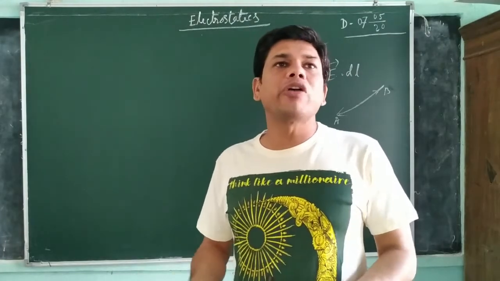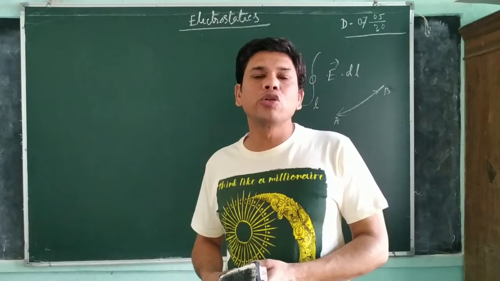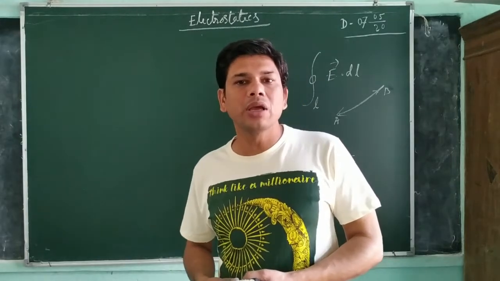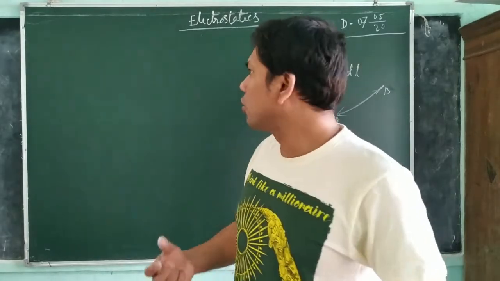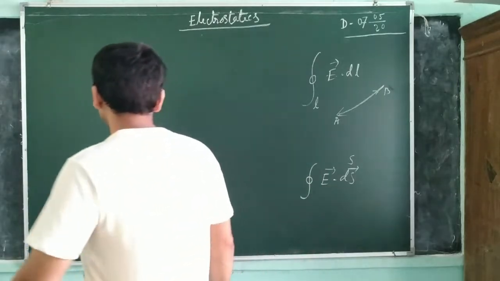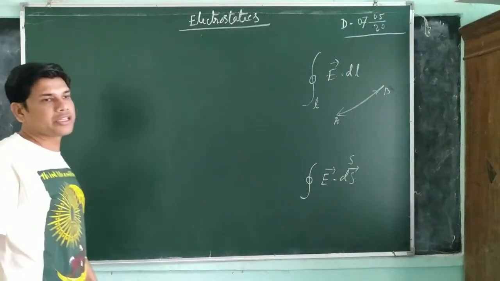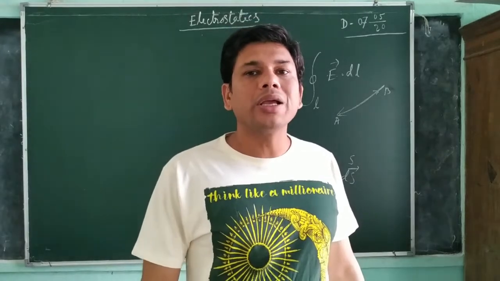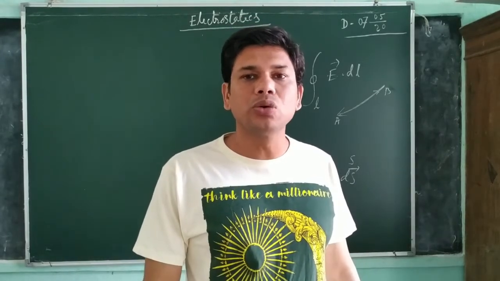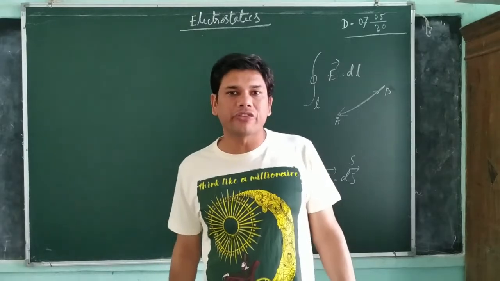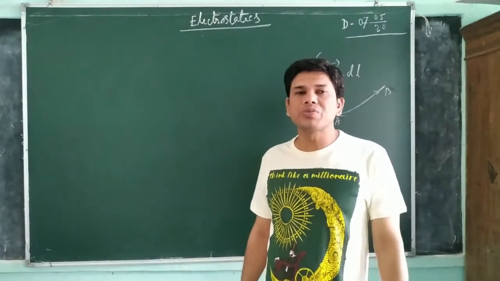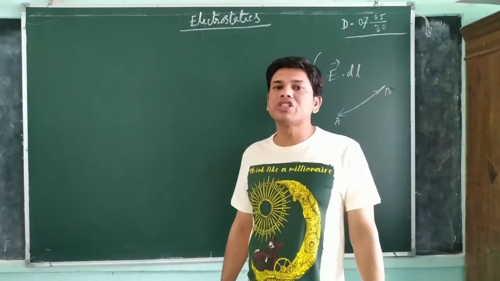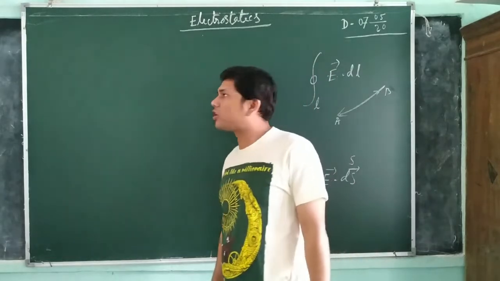It is easy to find the electric field due to such a symmetrical body by using Gauss theorem. Now what is Gauss theorem? According to Gauss theorem, the total outward electric flux passing through a closed surface is 1 by epsilon times the total charge enclosed by that closed surface.